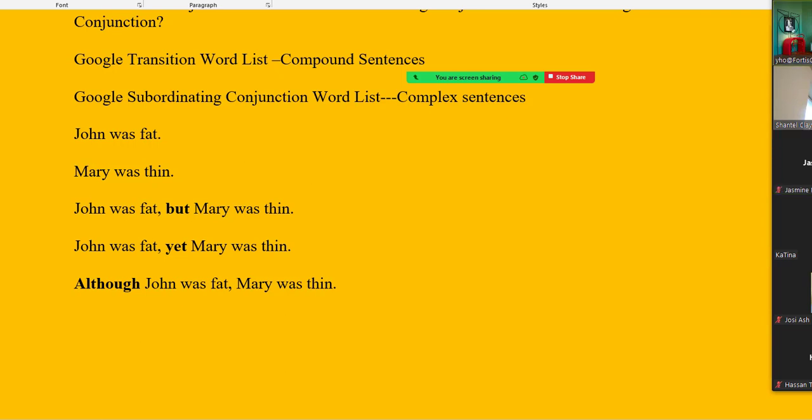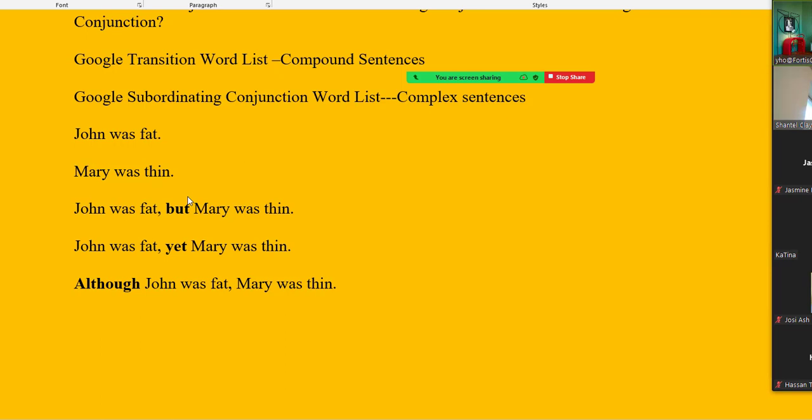And which 2 sentences are compound sentences? Katina. John was fat, but Mary was thin. John was fat, yet Mary was thin. And what is a convenient way to remember coordinating conjunctions? The but and yet. Yeah, the but and yet. So if you can remember FANBOYS: for, and, nor, but, or, yet, so.